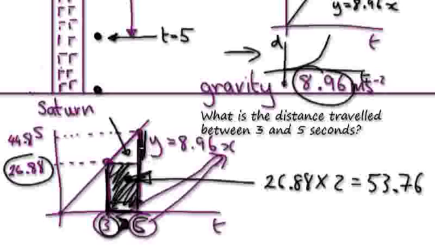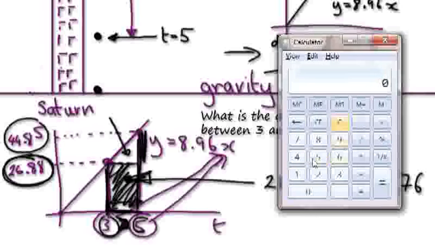So the height here is going to be this, take away this. That would be the height here. So calculator, clear, 44.85 take away 26.88 equals that.